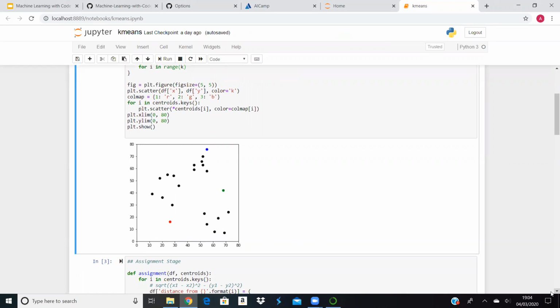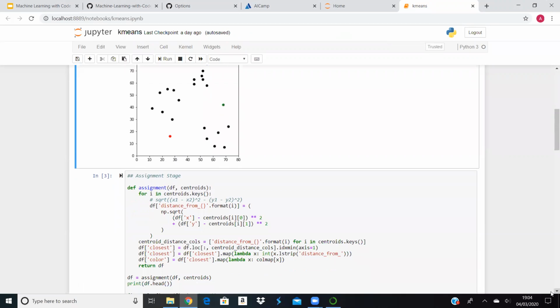Now the next stage would be the assignment stage. In the assignment stage, what we are doing is that we are actually finding out the distance between these dots, this green dot, and the different data points. So what would happen after our second pass is that we need to change the value of the green dot such that it is nearer to these data points.